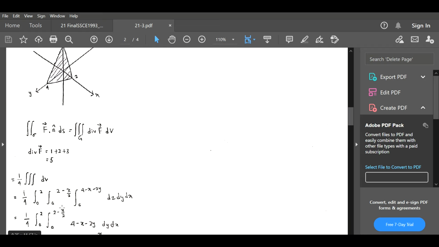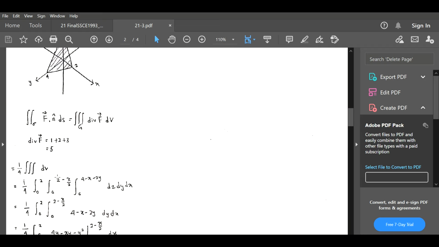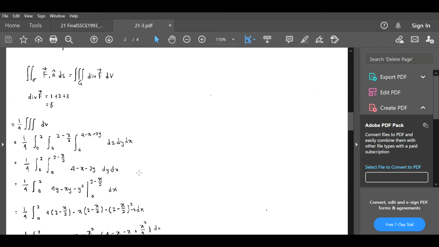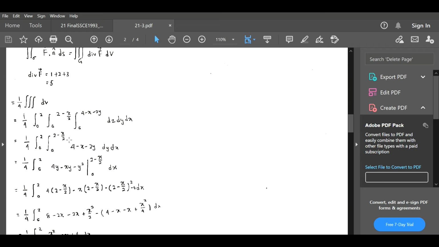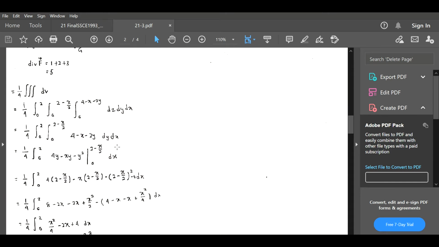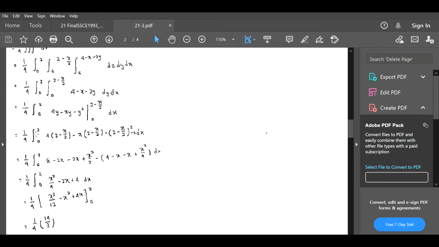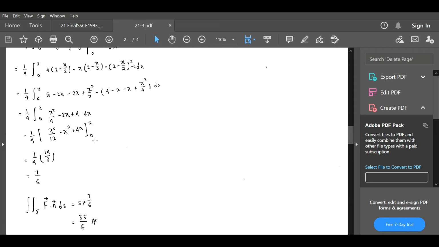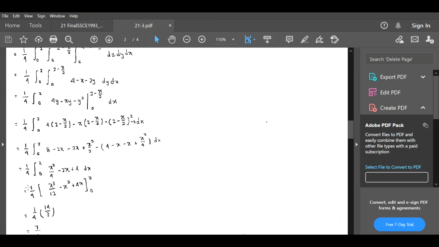We can get y equals 2 minus x over 2. And then for x, this one is simple, 0 to 2. Okay, and then we do the integration one by one, and you will get 7 over 6 from this integration.